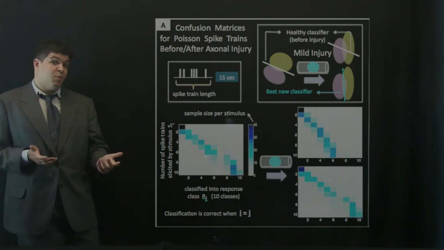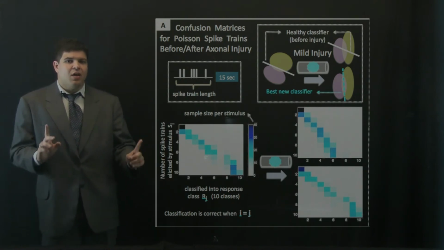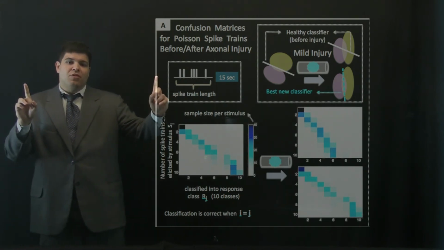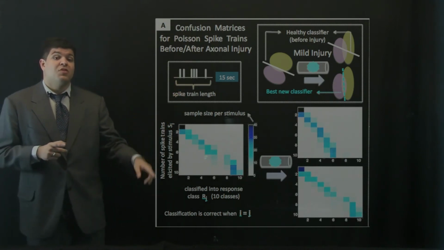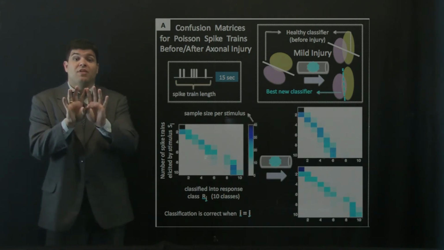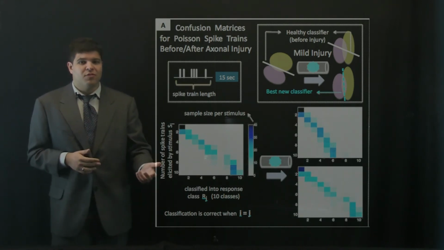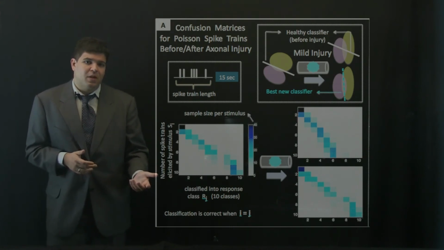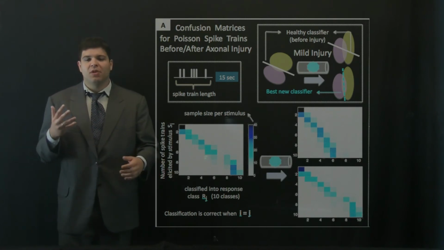So a Poisson spike train of intensity 1 in our normalized scales means that the pulses are typically very far apart from each other. And with 10, it means that the pulses are very close to each other. Okay, so the interspike interval is really smaller, or in other words, the firing rate is really higher. So we're generating 10 classes from 1 to 10 equally spaced.